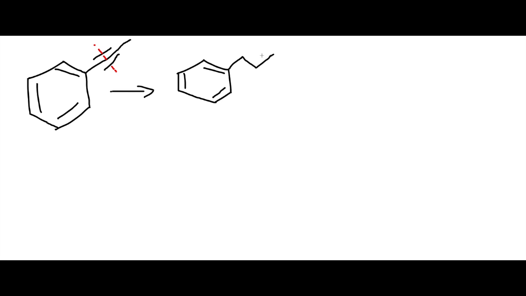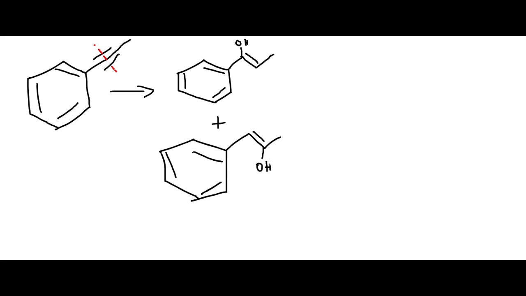The double bond would be here. This carbon is secondary because it's connected to this and that. The other one is connected to this and that carbon. So you can either have the OH over here, but also it has this enantiomer, with the OH coming off over here.